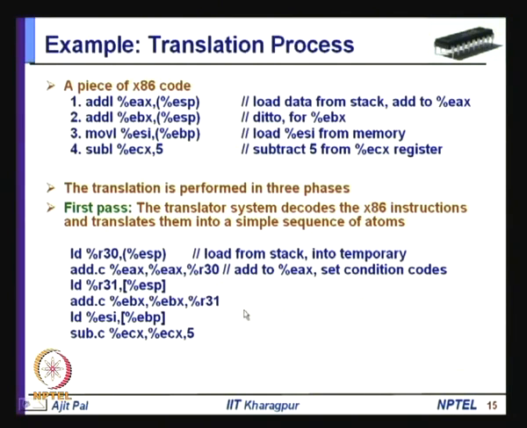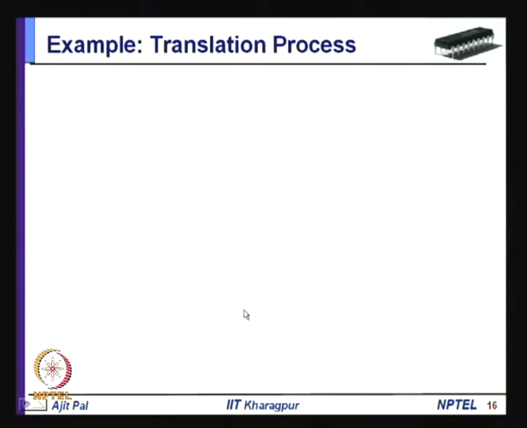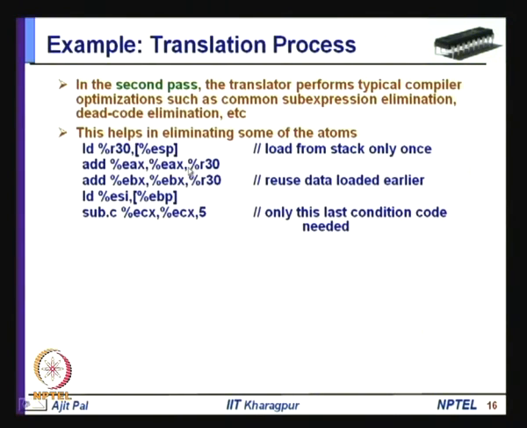That can be eliminated, because you can reuse the value twice. You load it into this temporary register, then reuse it, so one instruction can be removed. You have removed dead code which is not required, and then load and subtract. This is how you have performed some kind of optimization.